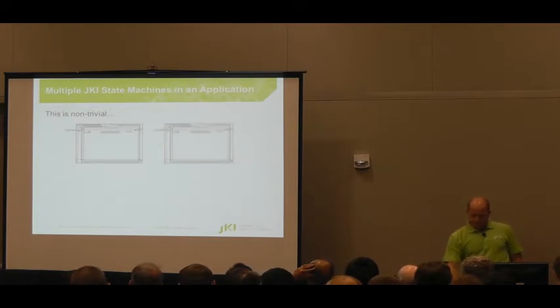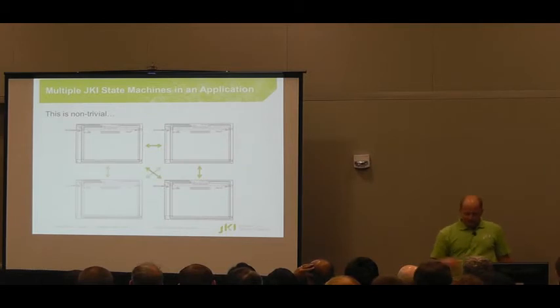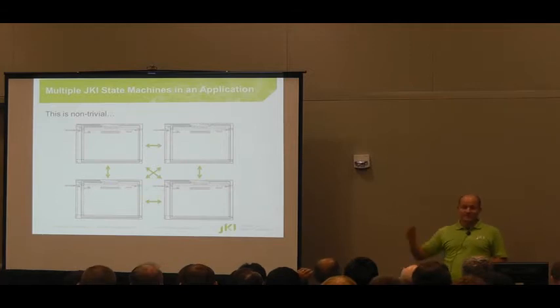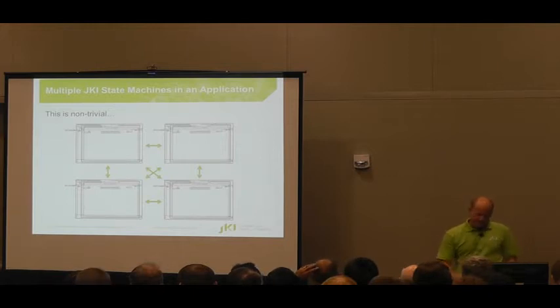So we start adding more, and we find that we want to be able to communicate between the different state machines, but what's the best mechanism? There are actually lots of different mechanisms, and if you saw in 2015, now there are asynchronous wires, and you could literally just wire an asynchronous wire between JKI state machines, and that's really cool. And maybe we'll take advantage of that in the future.